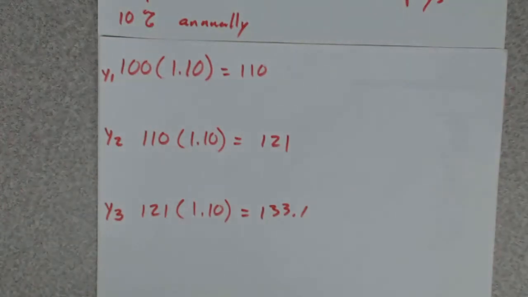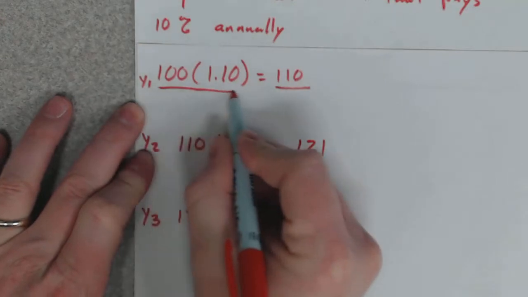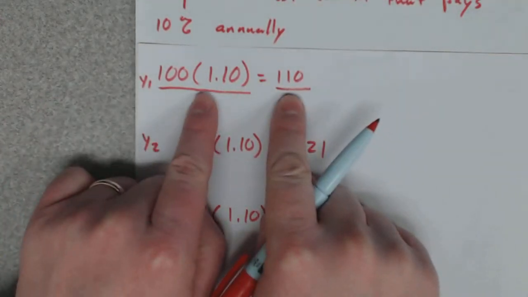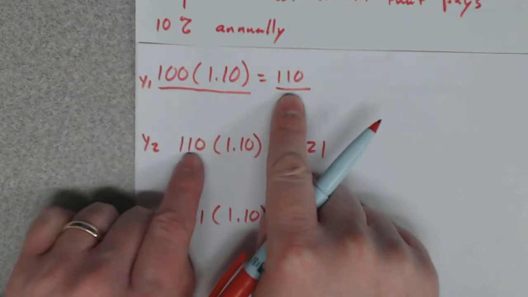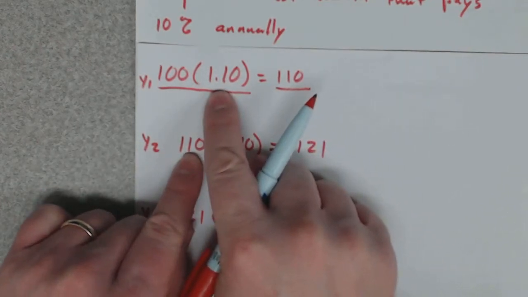But here's the part that I was trying to get across in class, but didn't quite get there. Okay, see how this 110 is equal to 100 times 1.10, right? This is equal to this. Well, here's 110. This 110 is the same thing as this right here that I have in red.